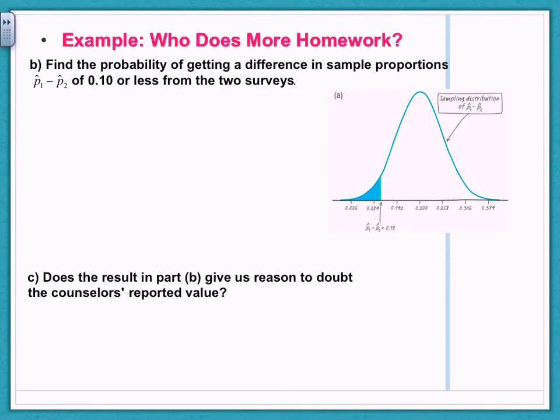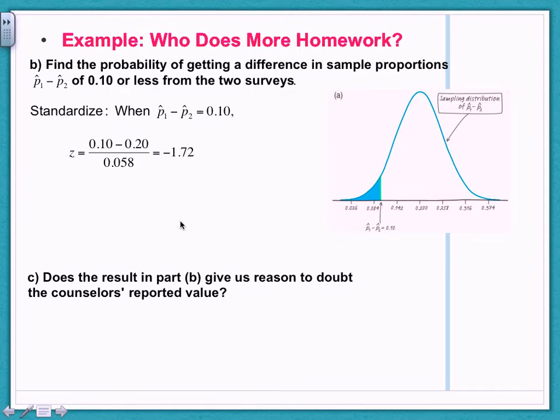If I wanted to find the probability of getting a difference in the sample proportions of 0.10 or less from the two surveys, I would do the following. The difference between the two samples is 0.10, where the center is at 0.20. So we believe our true difference is 0.20, but our samples show 0.10.